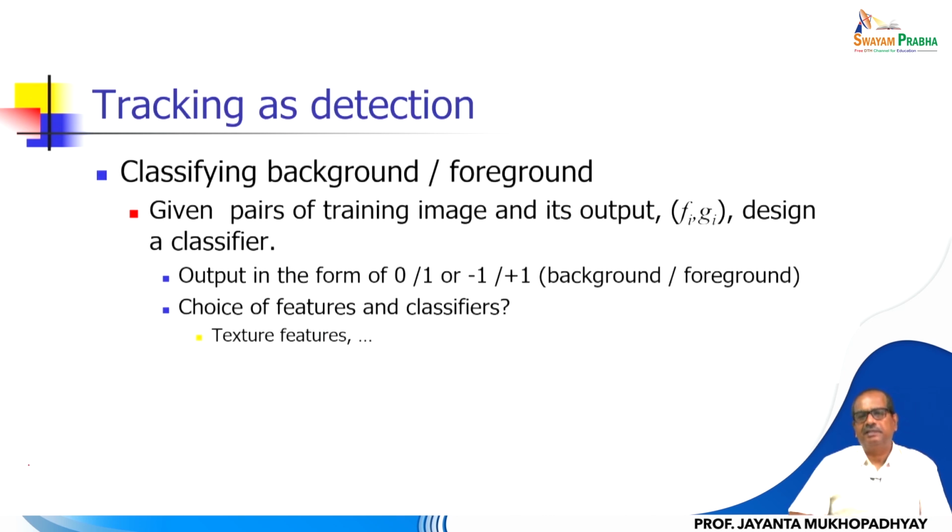In this case, as I mentioned, tracking is a kind of detection problem which classifies the background from the foreground. Foreground is that object. If you have pairs of training image and its output, say fi, gi, you have to design a classifier, and the output could be in the form of 0, 1 or -1, +1, or it could be a regression also.